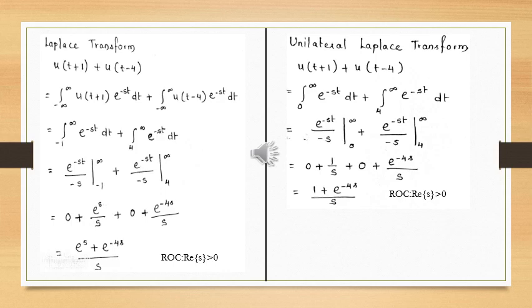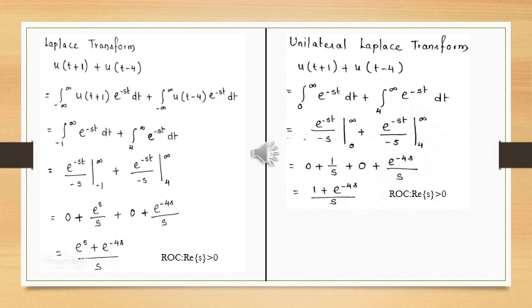Let us now solve the unilateral Laplace transform. For the first term, u of t plus 1, though we know that this term has a value equal to 1 from minus 1 to infinity, we know that the unilateral Laplace transform varies over 0 to infinity.